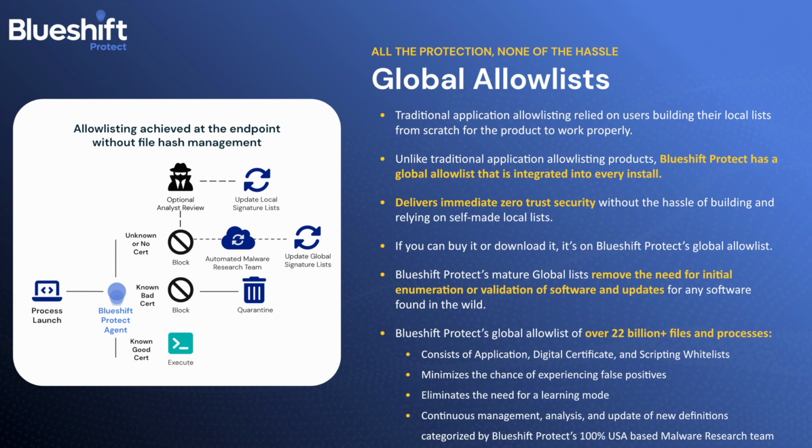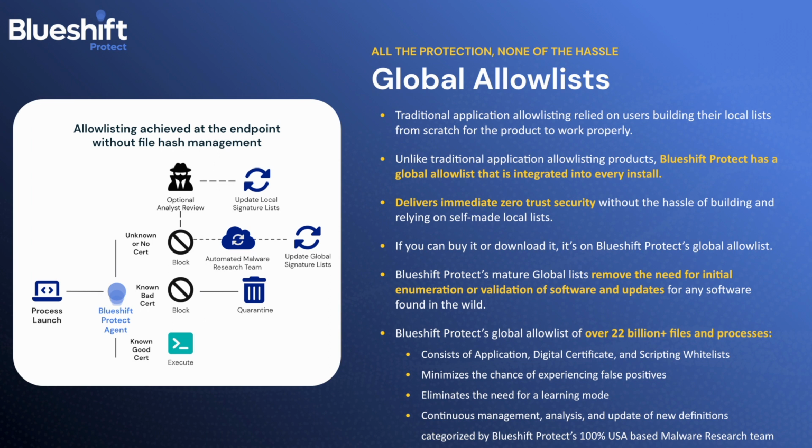Those are allowed to run. We know they're good. We do check those based on their certificates and other things. So you're not having to go through and classify things that we already know about. Your Microsoft applications, your Adobe applications, your Autodesk and things like that. The applications that are widely used within business are already pre-curated on our global allow list.